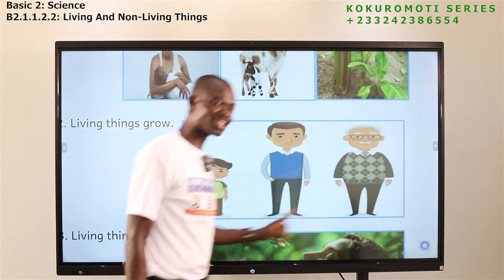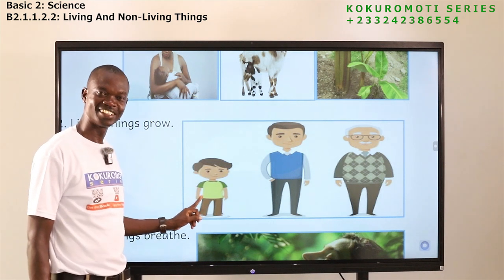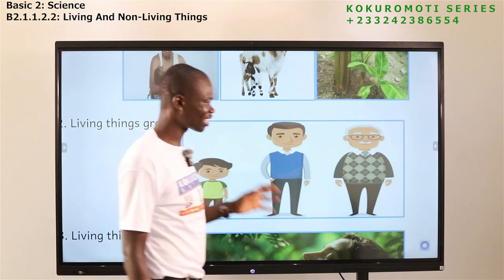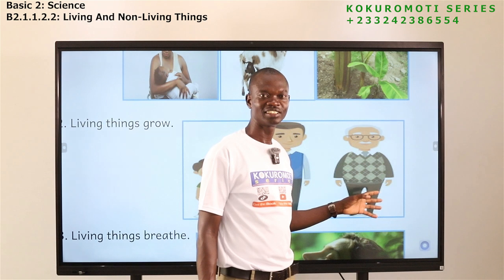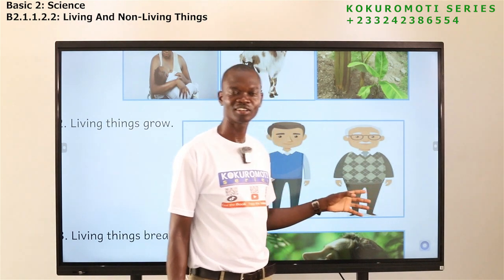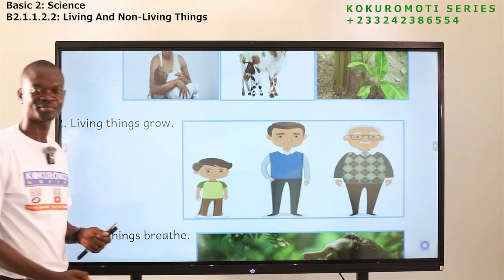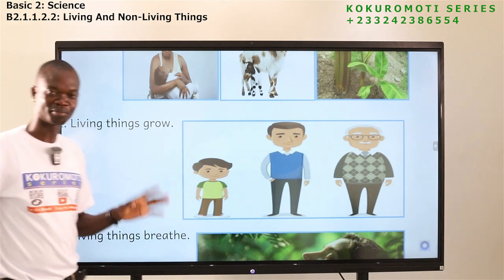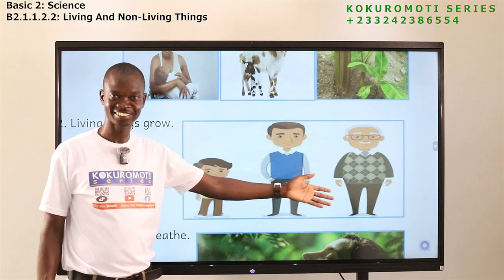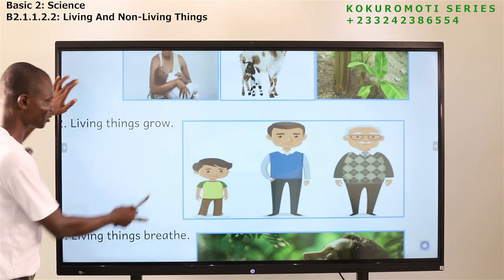So your grandfather was once like you, and now your grandfather, sometimes he has to walk by asking you to help him. A day will come, you too will be like that. So human beings, we grow.